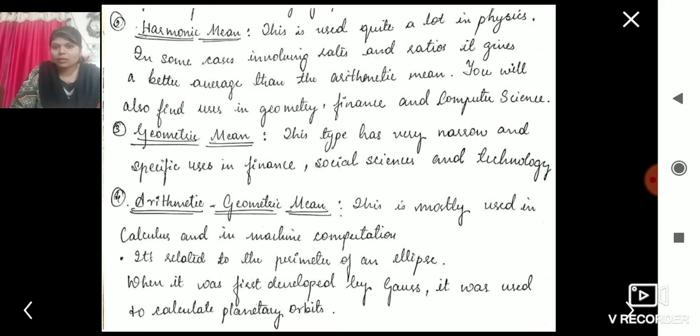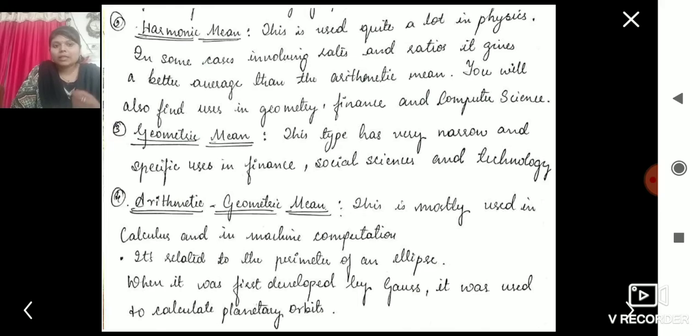It also involves rates and ratios that cannot be taken up for the arithmetic mean, isn't it? So that is applied here, and you will also find these uses in geometry, finance, and computer science.